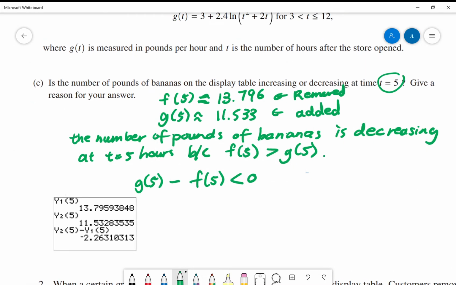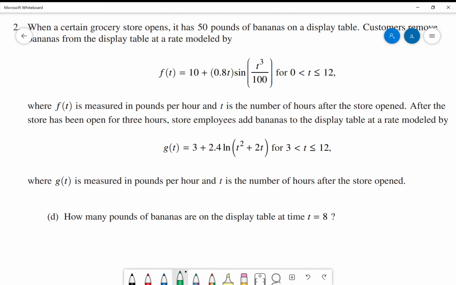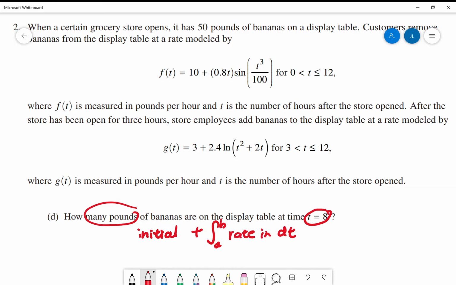And this is it. Moving on to letter D. How many pounds of bananas are on the display table at time t is equal to 8? So here again, we're looking for the amount of bananas, and we're given a time frame. And when you're looking for a final amount, you have to take into consideration three things: the initial amount plus the net change, or the rate in, minus the rate out.